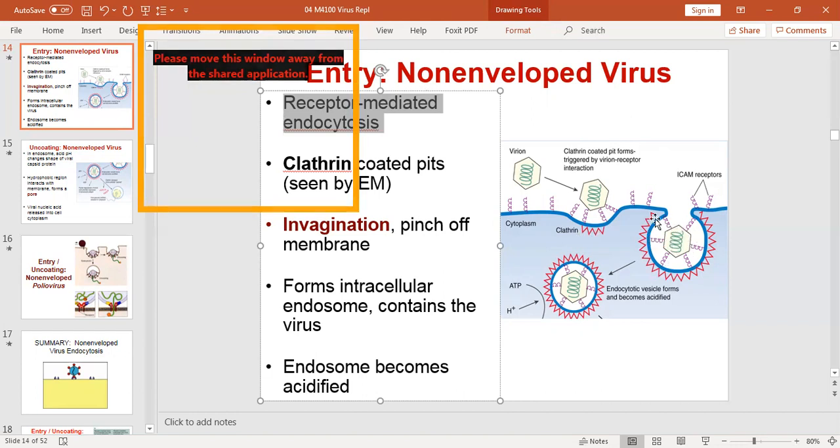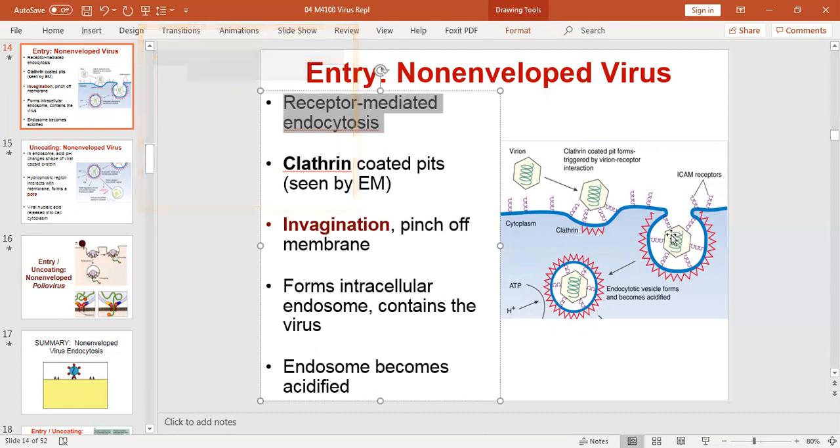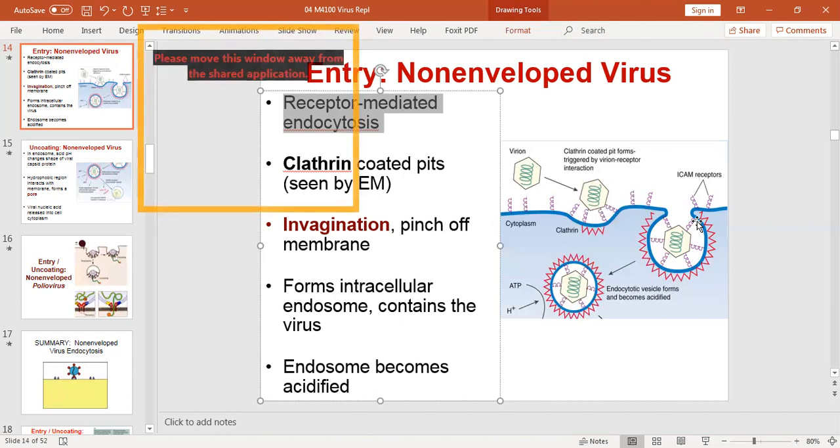This clathrin-coated pit that encompasses the virus that has interacted through its ligand with the host cell receptor, in this case ICAM receptor, will be invaginated and will get into the host cell cytoplasm.